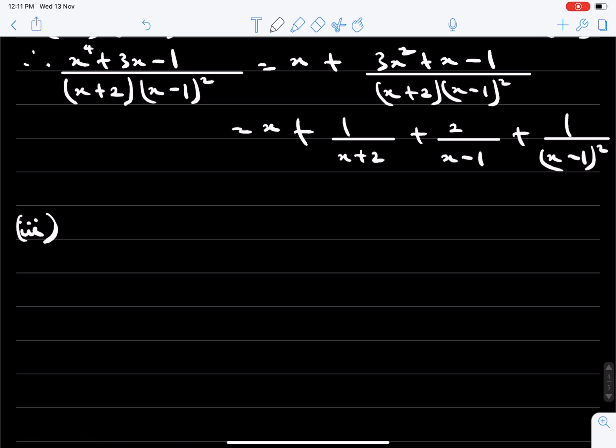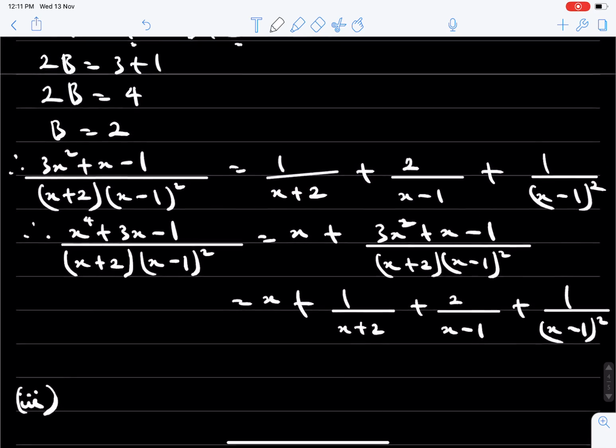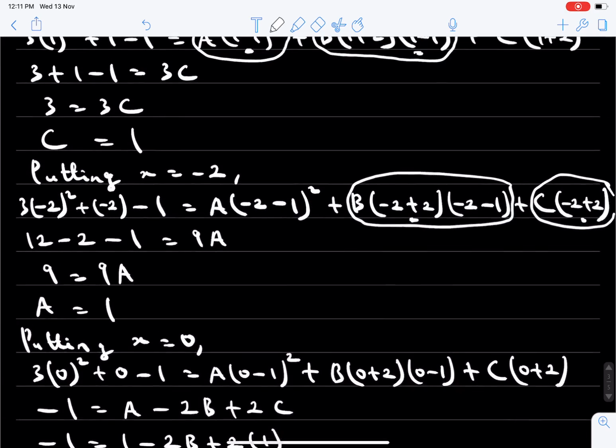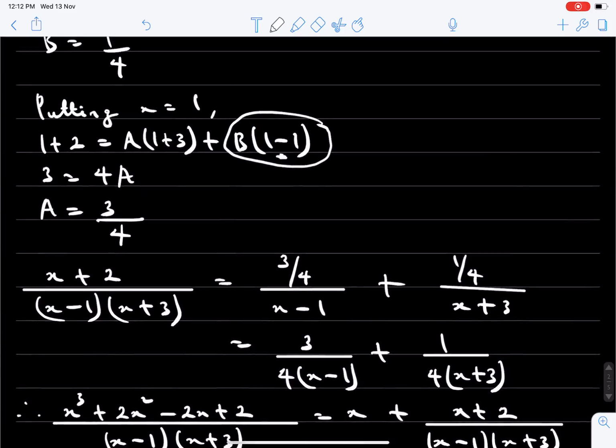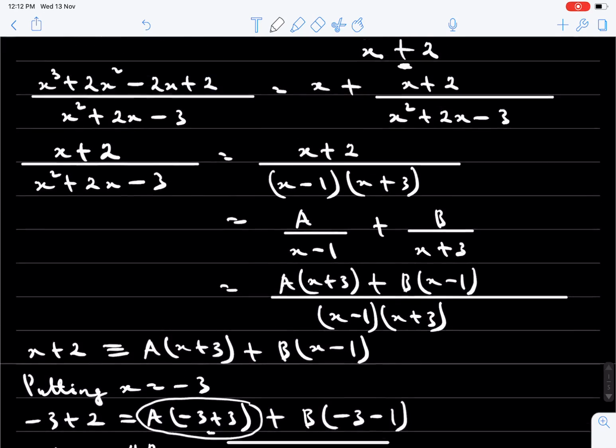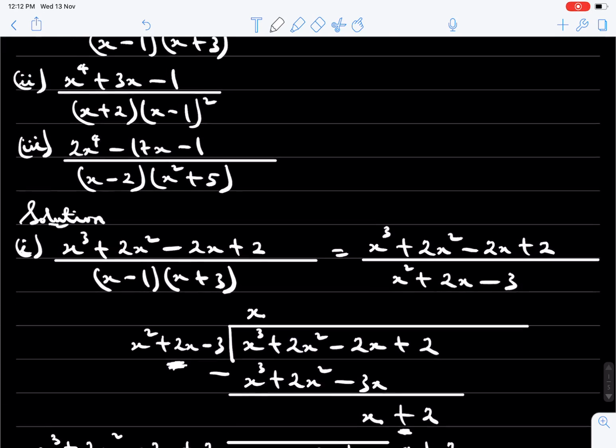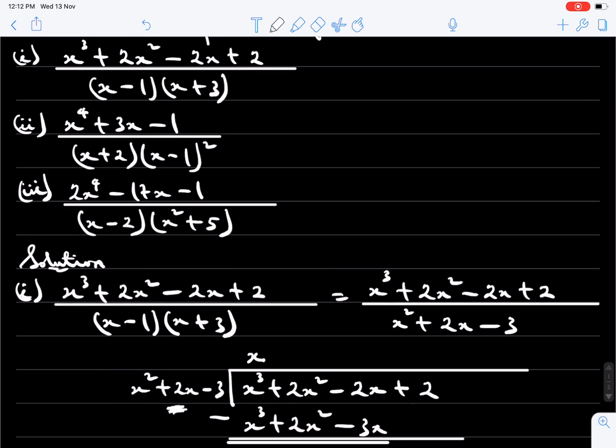So let's see, what's Roman figure 3? Roman figure 3, let's see that. I'm actually going to do the copying thing here. Okay, 2x to the power 4 minus 17x minus 1 over x minus 2 times x squared plus 5.